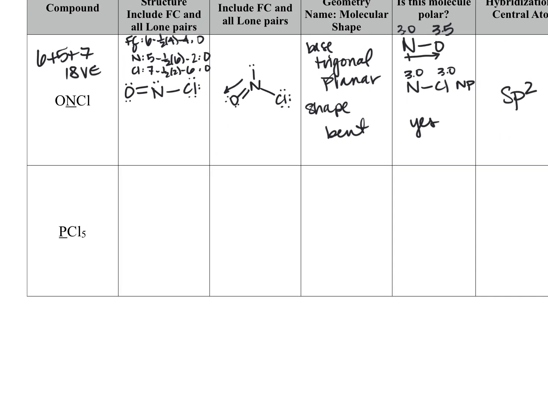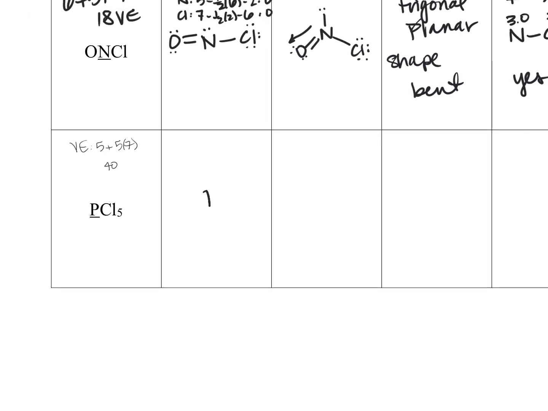So our last one here is PCl5, where the valence electrons are 5 plus 5 times 7, and so this is going to give us 40. We're going to put our phosphorus in the center, and we're going to add 5 chlorines to it. Now I'm going to create an octet for each and every one of these chlorines.